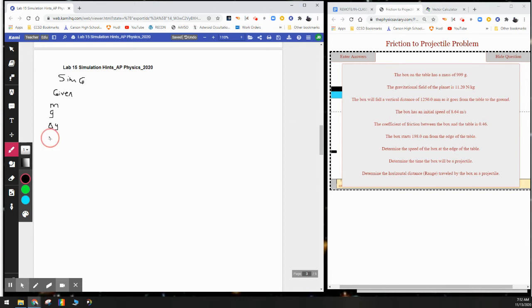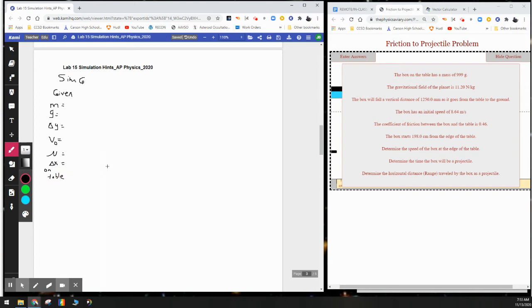The box has an initial velocity. So we're given initial velocity, delta y, g, mass, and mu, and we also know what delta x is. Delta x is the distance it travels on the table. Be careful, there are a couple of delta x's here, so we're going to say this is delta x on the table.